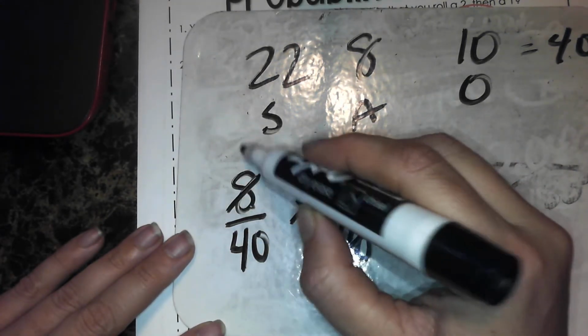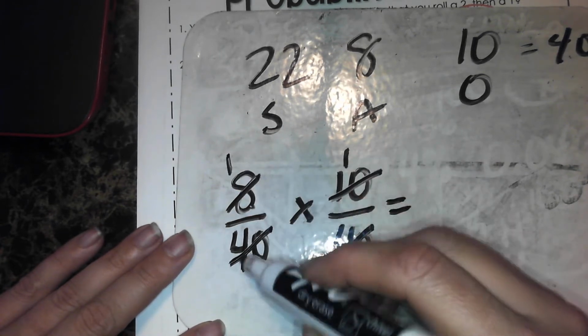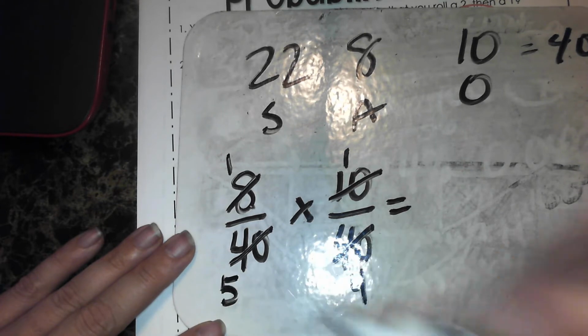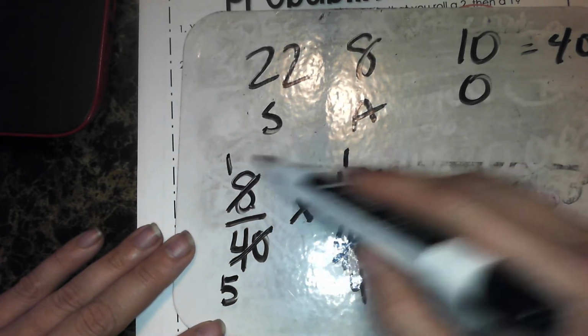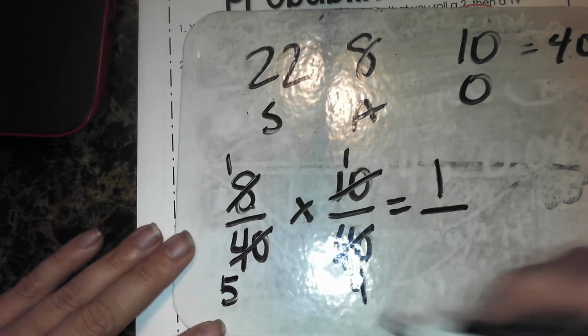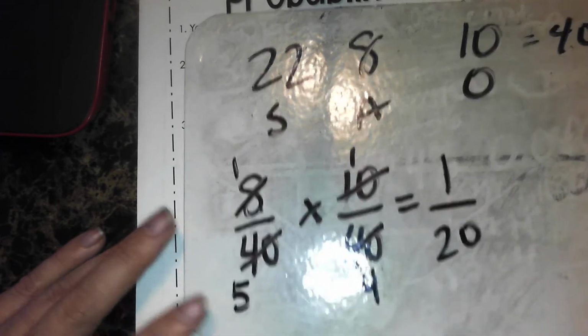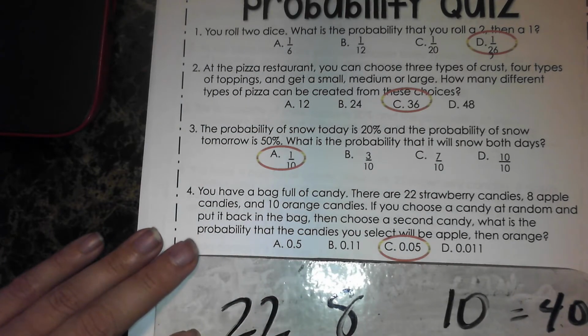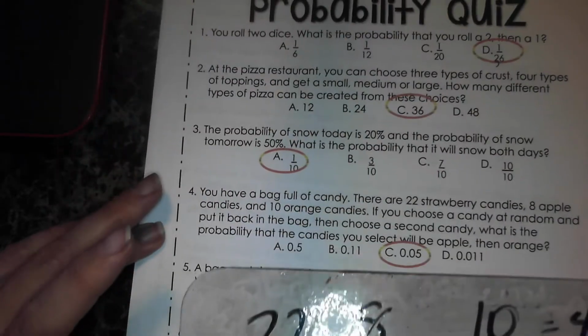This divided by 8 is 1. This divided by 8 is 5. Okay, so we got 1 times 1, which is 1. 5 times 4, which is 20. So it would be 1 out of 20, which is also written as 0.05. That's the decimal version of 1 out of 20.